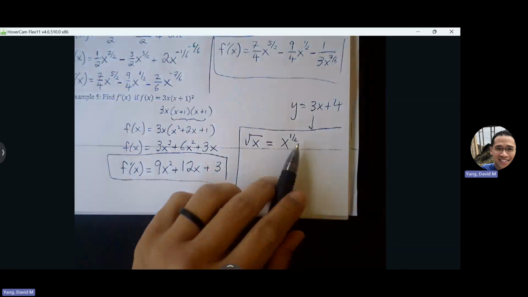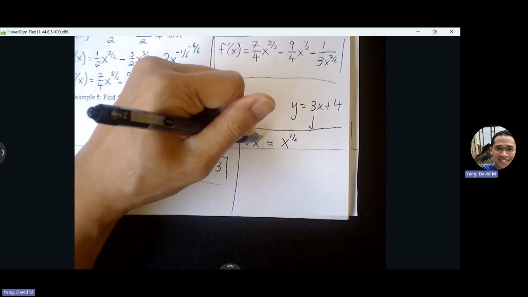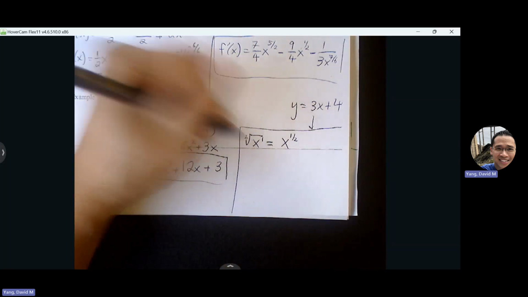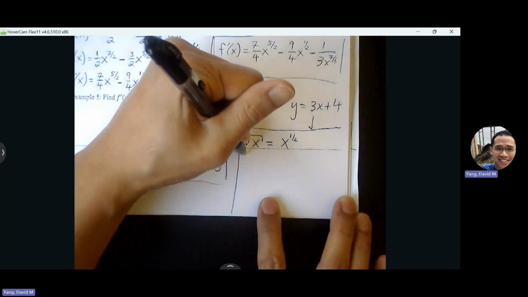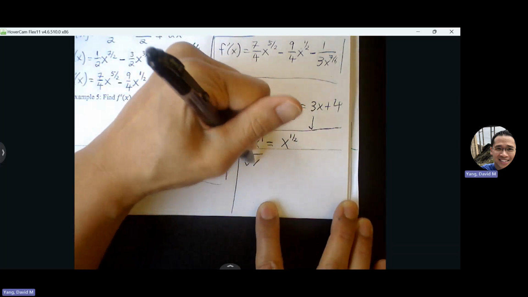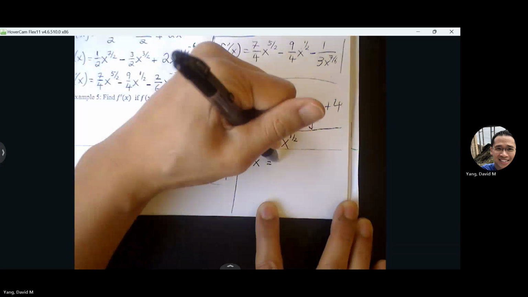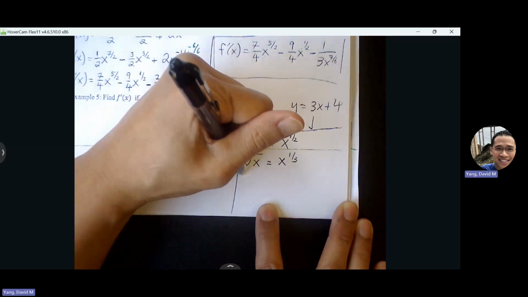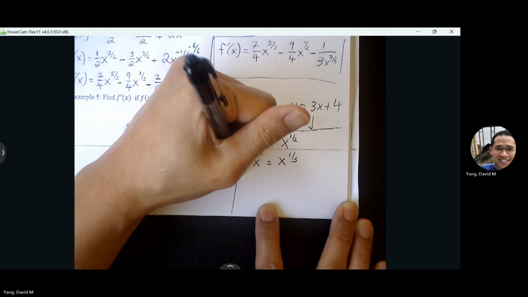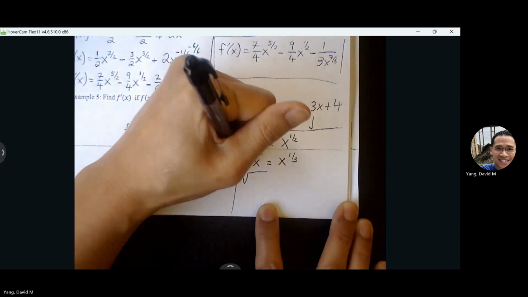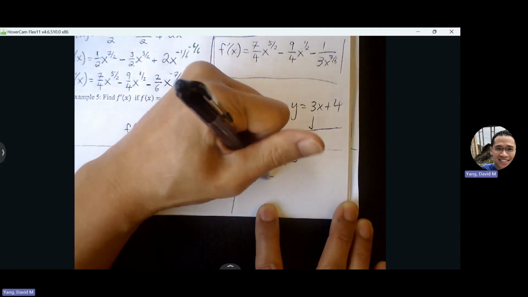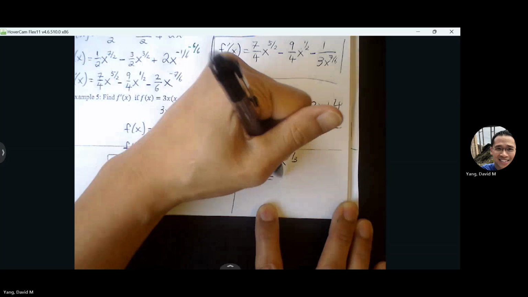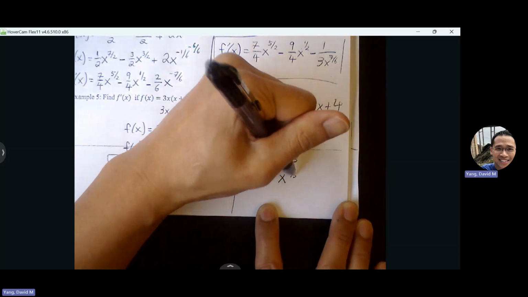The reason there's a 1 and 2 there is because there's a hidden 1 here and a hidden 2 here, right? Okay. What about cube root of x? Okay, x to the 1/3. What about fifth root of x squared? X to the 2/5. Okay.